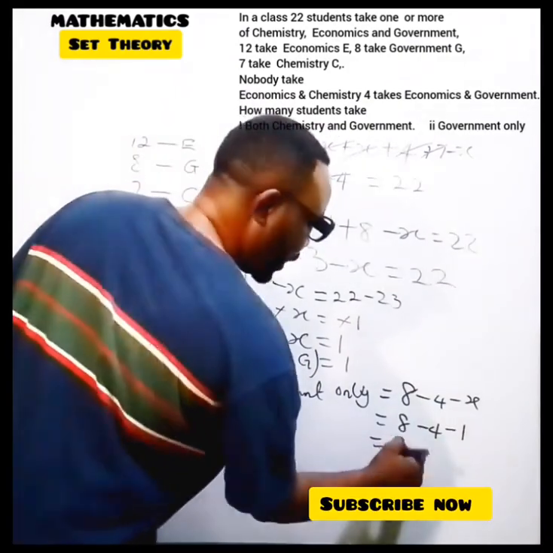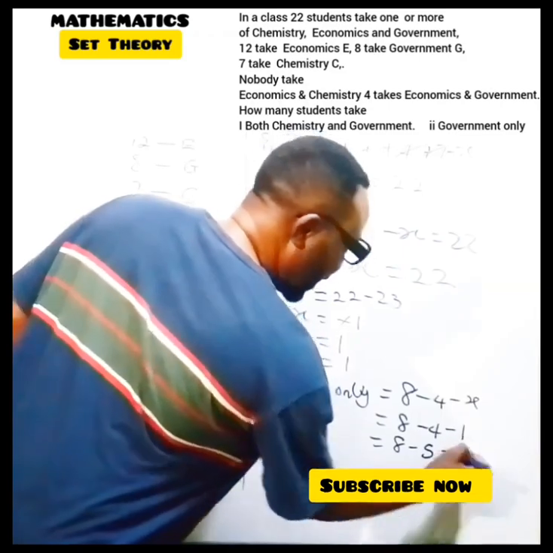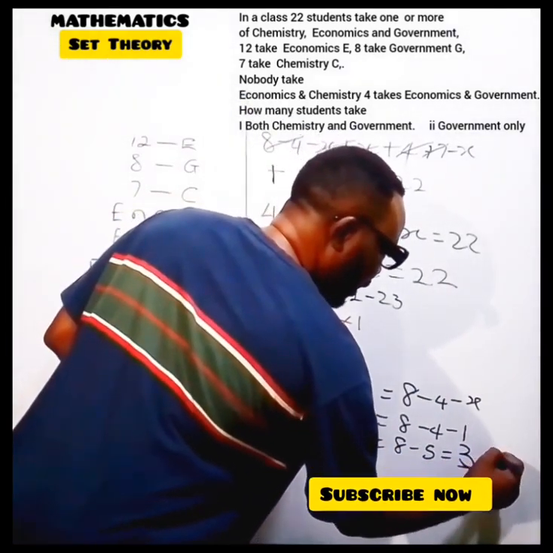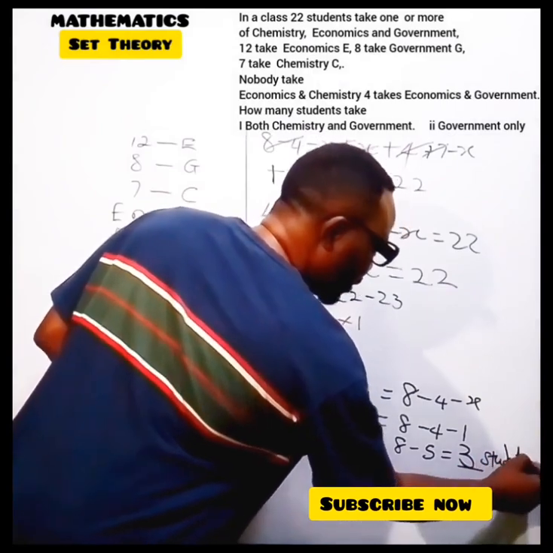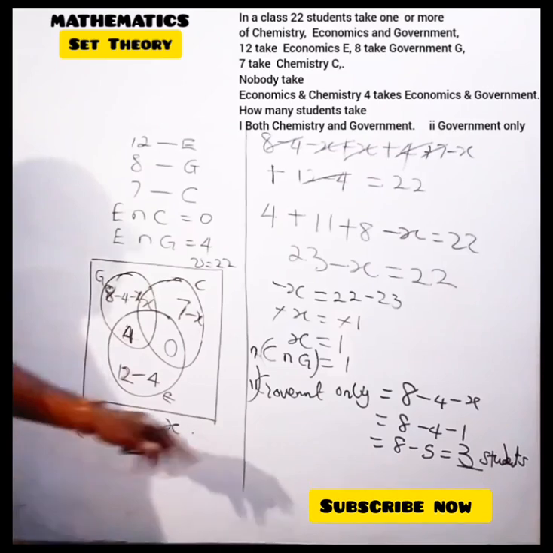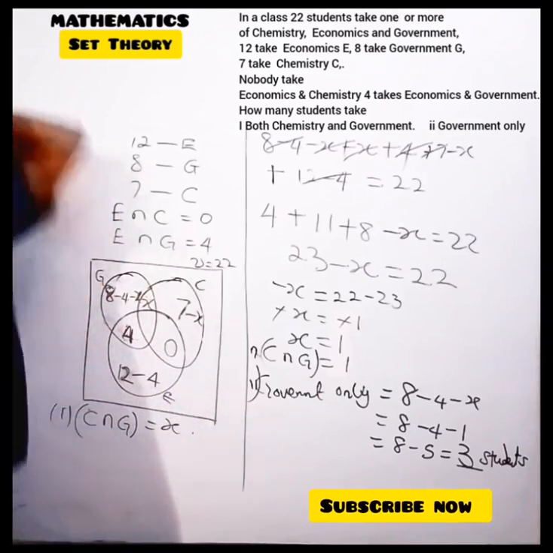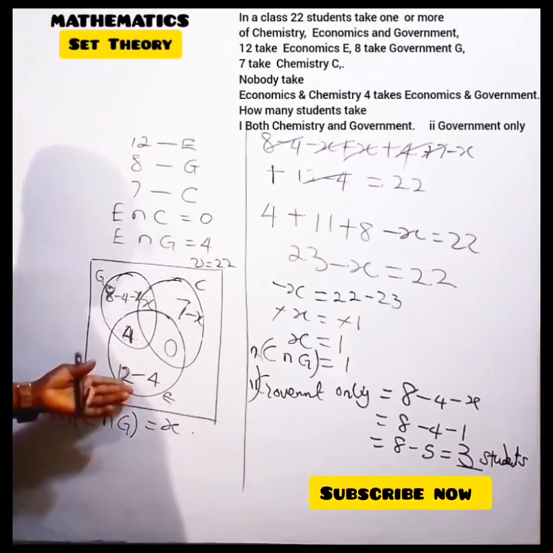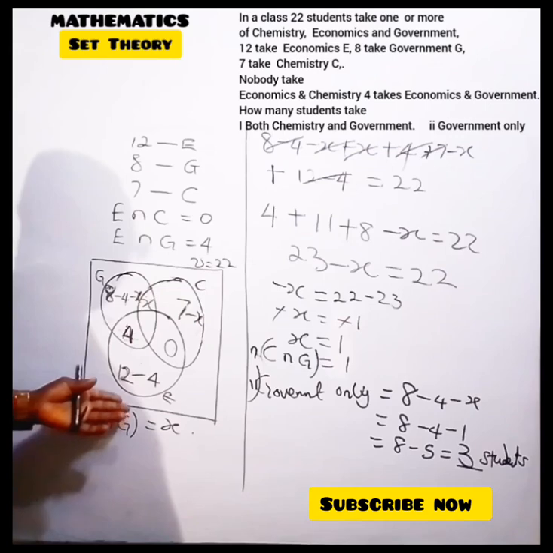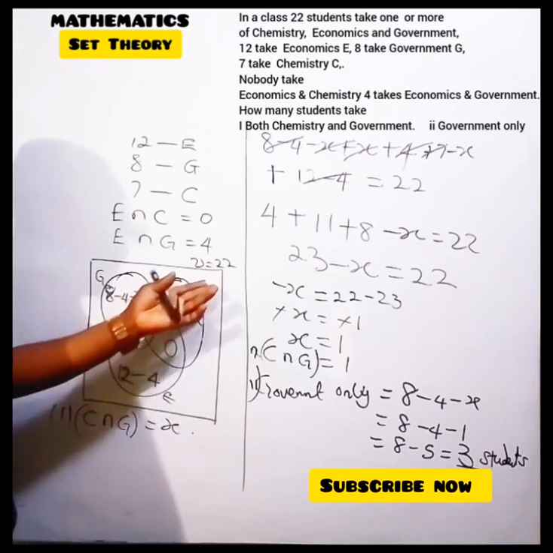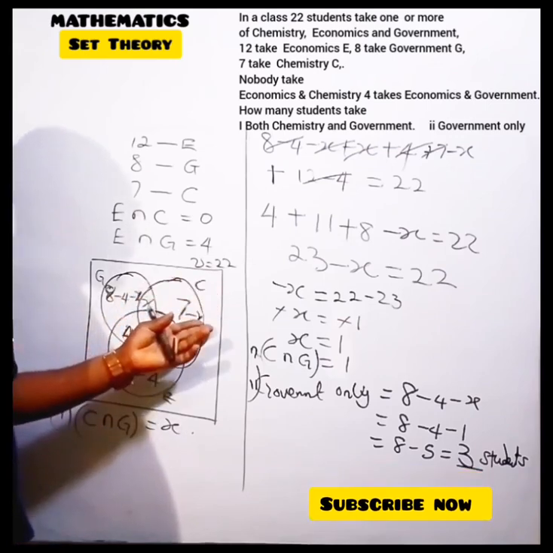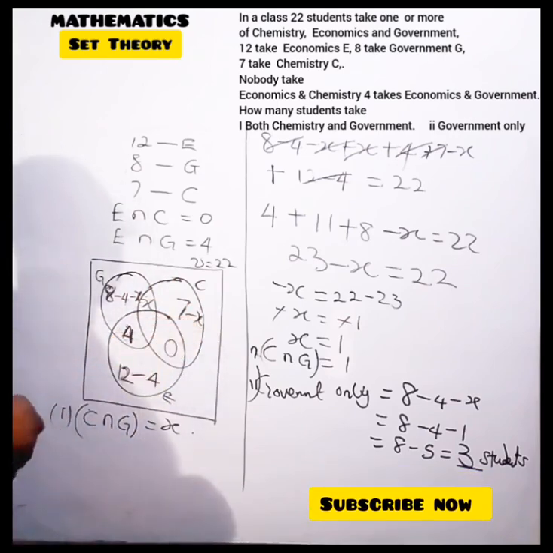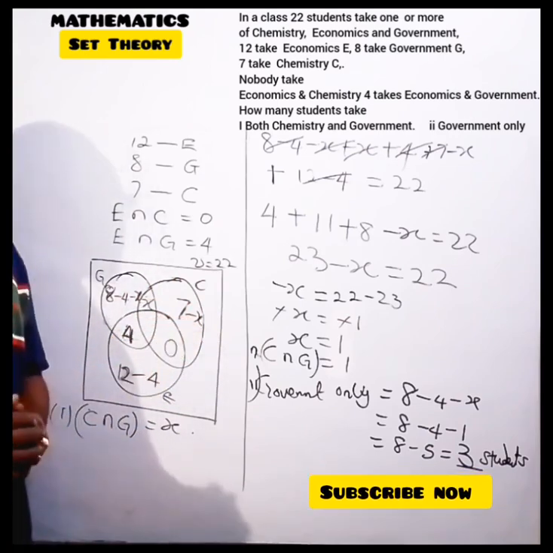That will be equal to 8 minus 5, which is 3 students. So 3 students take government only. If you are asked for the number of students that take chemistry only, that will be 7 minus x, which is 7 minus 1. That will be 6 students that take that particular subject only.